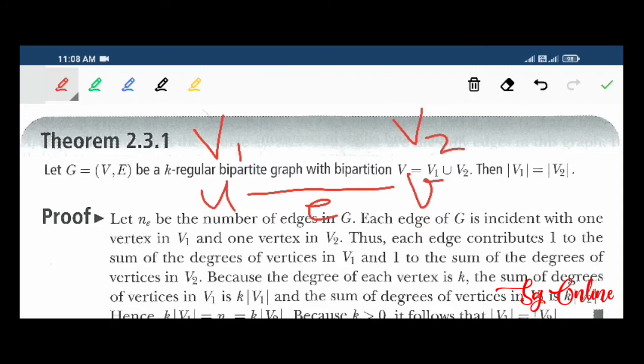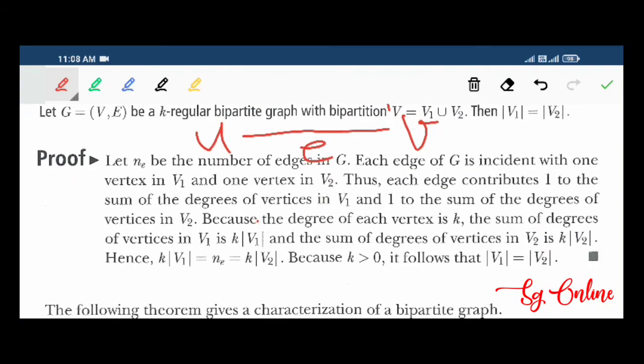So every edge adds 1 to the sum of degrees of the vertices of V1, and similarly every edge adds 1 to the sum of degrees of the vertices of V2. Each vertex has degree k, so there are k edges incident to each vertex.